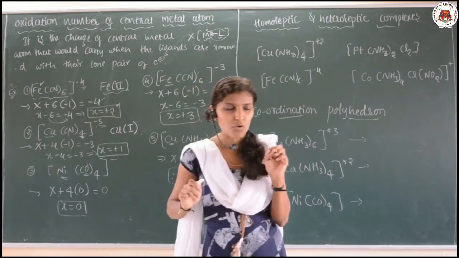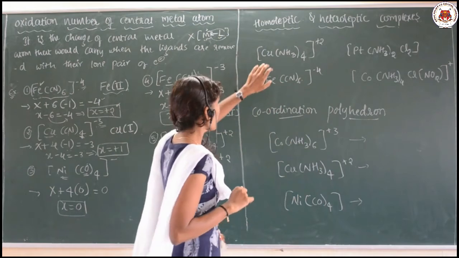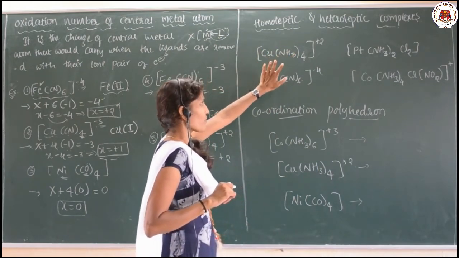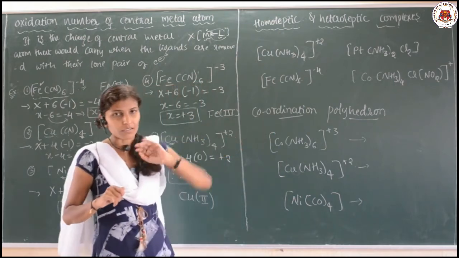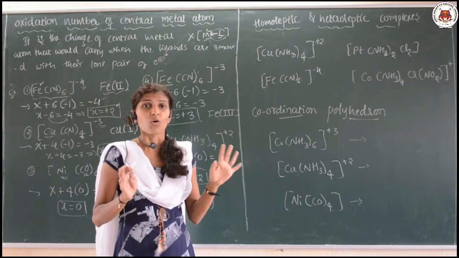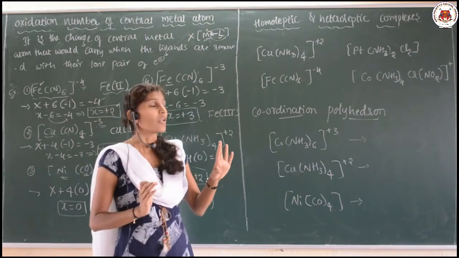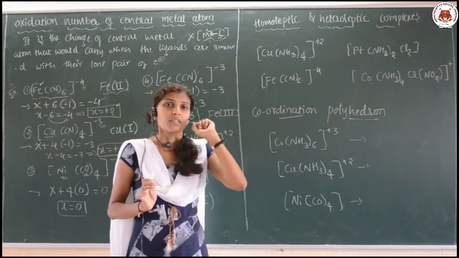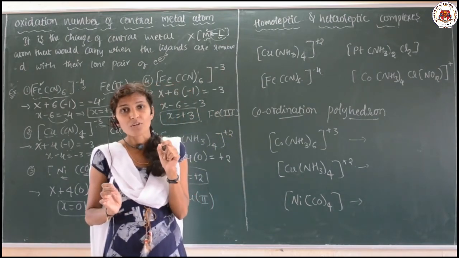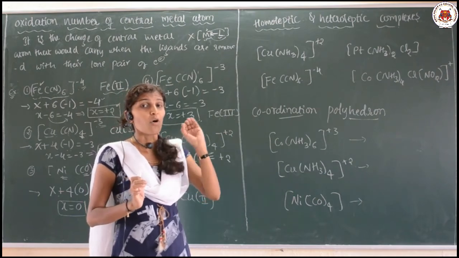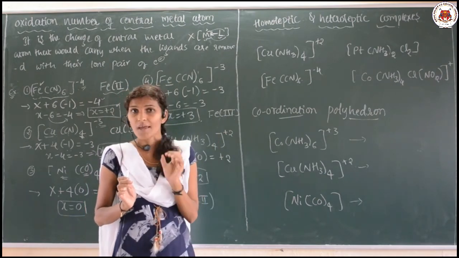Clear? So let us go for one more topic, that is homoleptic and heteroleptic complexes. So homoleptic, the name itself indicates homo means same, only one type. The homoleptic complexes are coordination compounds in which only one type of ligand is coordinated with the central metal atom.